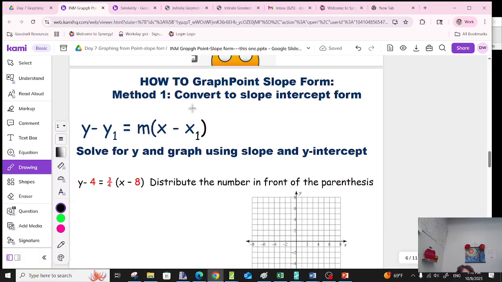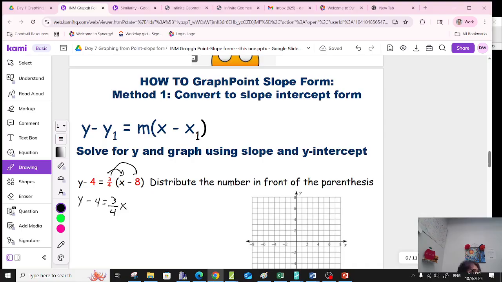Method 1. Convert to slope intercept form. So if I have this right here and I want to graph it from slope intercept form, I'm going to distribute the 3/4 to the 8. So I'm going to write y minus 4 equals 3/4 x.